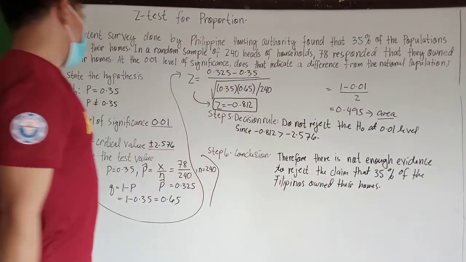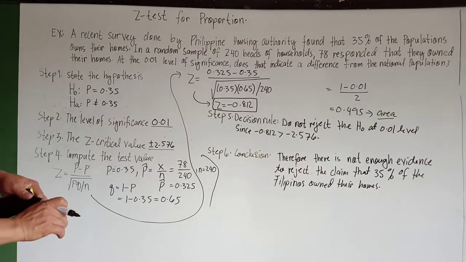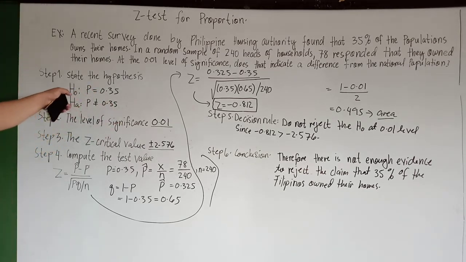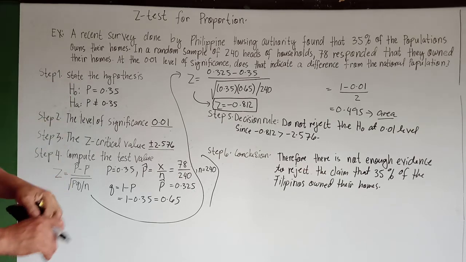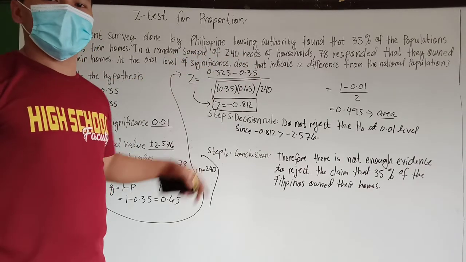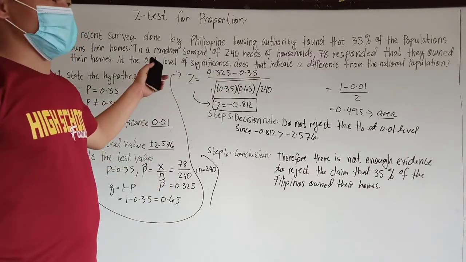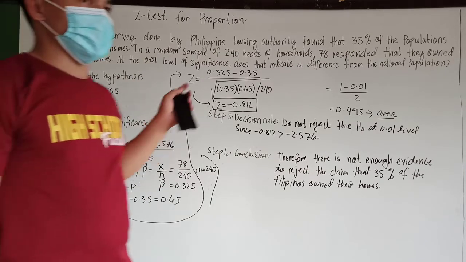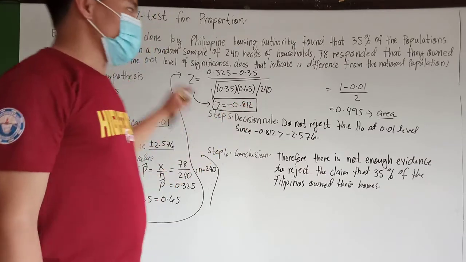So we have here from step number 1 actually, we identified that this one is a non-directional test, because there is no statement that said greater than, more than, or less than. So non-directional.